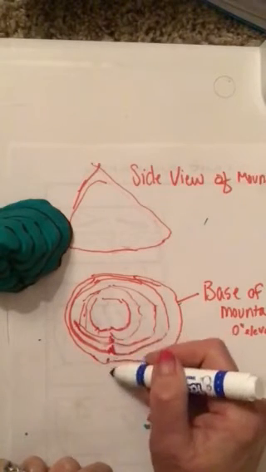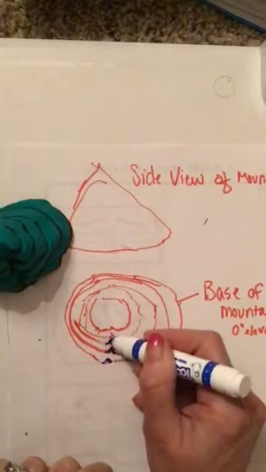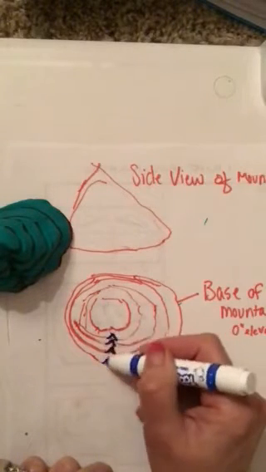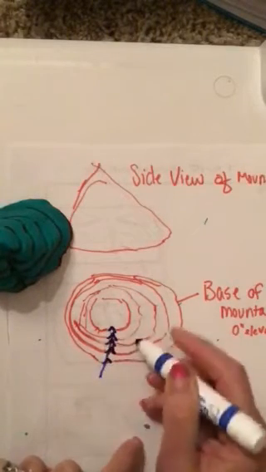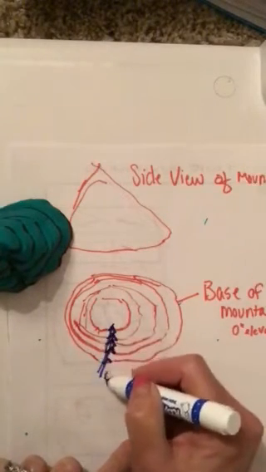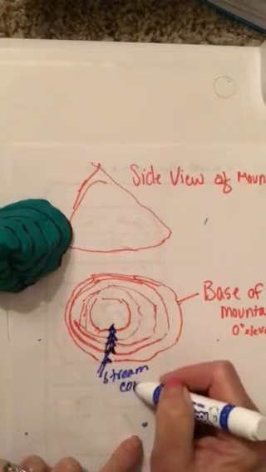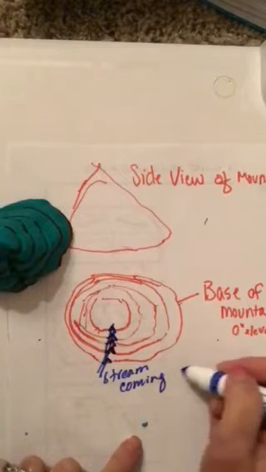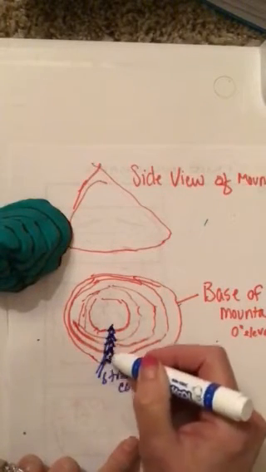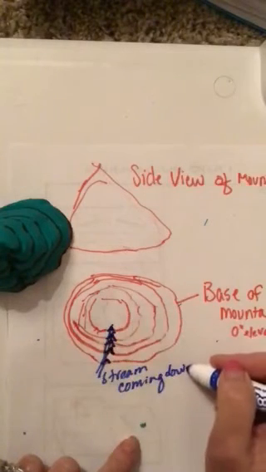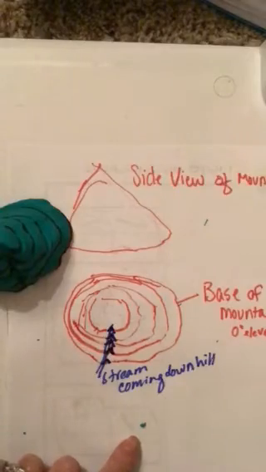So if you see arrows like this on a map in one of these lines, looking like they're pointing to the top of the hill, this shows a stream coming downhill. So it's not going uphill, even though it looks like the lines are pointing to the peak, it's flowing downhill.